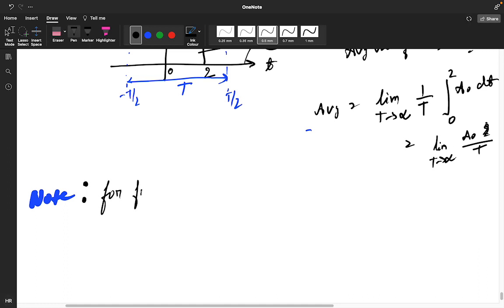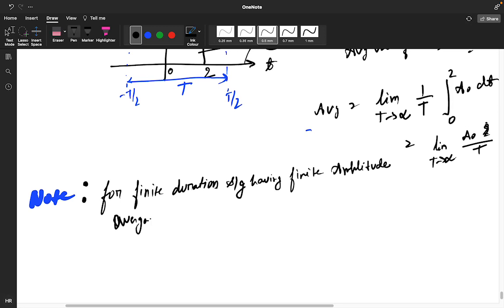For a finite duration signal having finite amplitude, average value will always be 0.